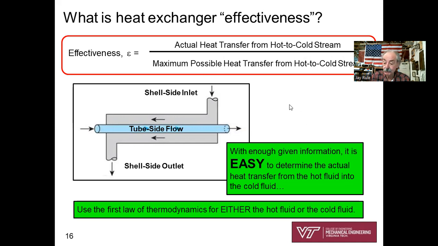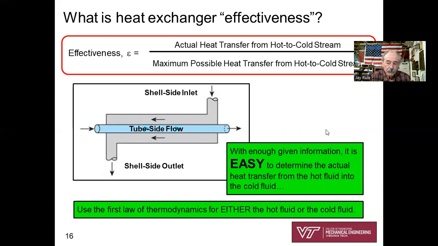Okay. So in many real world situations, we can make measurements in the field. We can make measurements on our piece of equipment. And usually we have enough given information that we can determine the actual heat transfer.